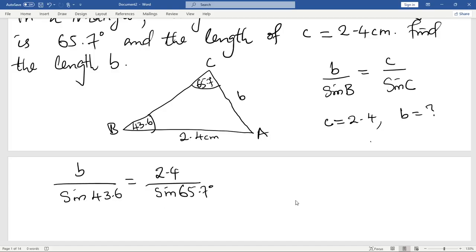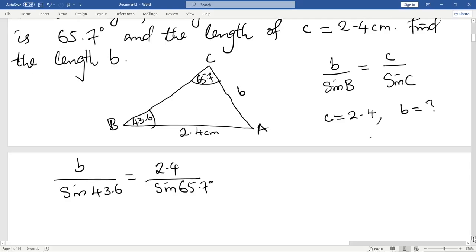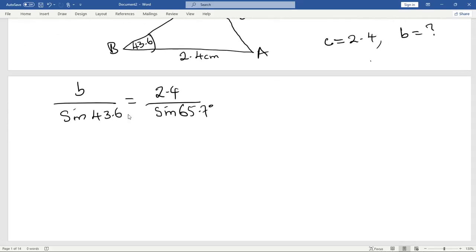What we're going to do here is cross multiplication. We have b sine 65.7 degrees is equal to 2.4 sine 43.6 degrees.